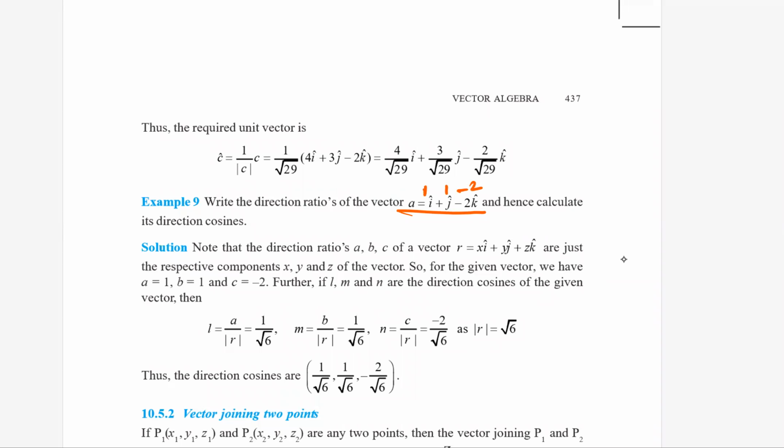So 1, 1 and -2 are the direction ratios. And for direction cosines, I already told you what we'll do. We'll find the unit vector for it. The components of the unit vector will be the direction cosines. So complete this question.